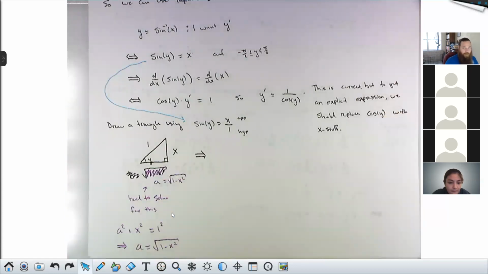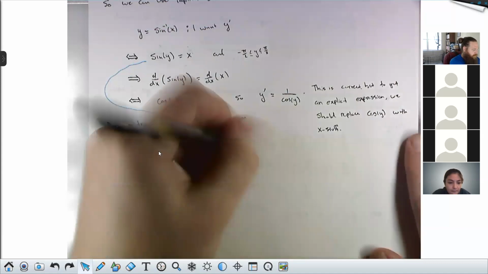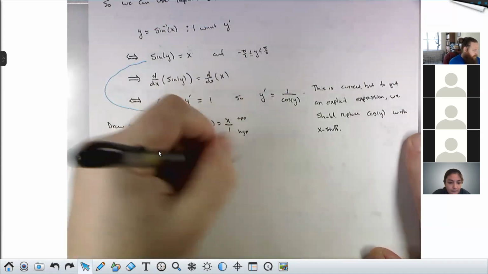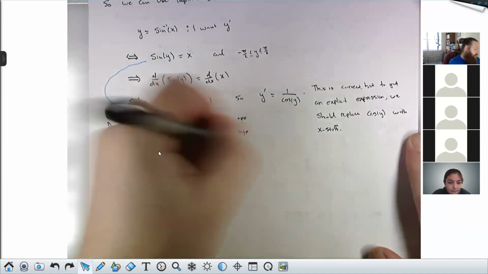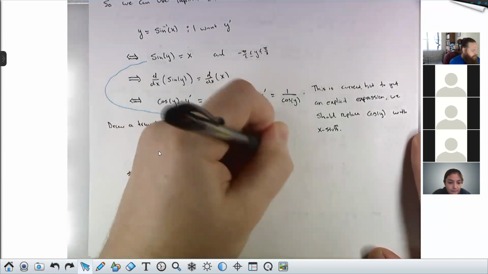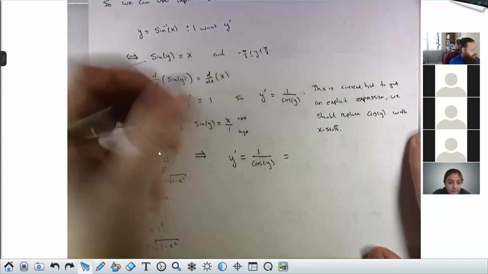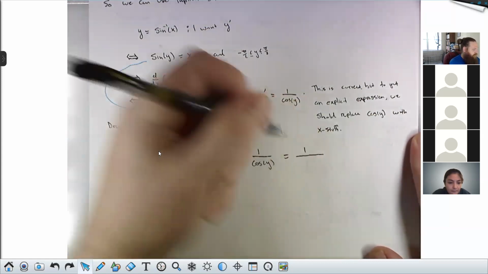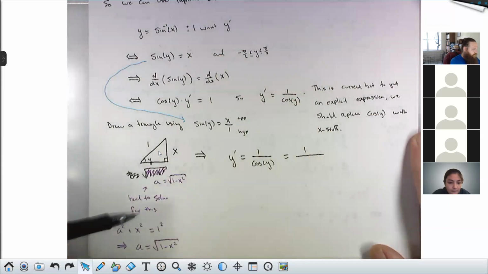So now I can read off the cosine of y, right? I have a right triangle here where the internal angle is y, and I know all the side lengths. The adjacent is the square root of 1 minus x squared. The opposite is x. The hypotenuse is 1. So y prime is 1 over the cosine of y. What is cosine of y? Cosine of y is the adjacent over the hypotenuse.